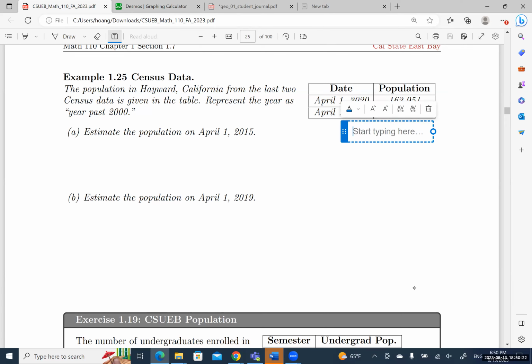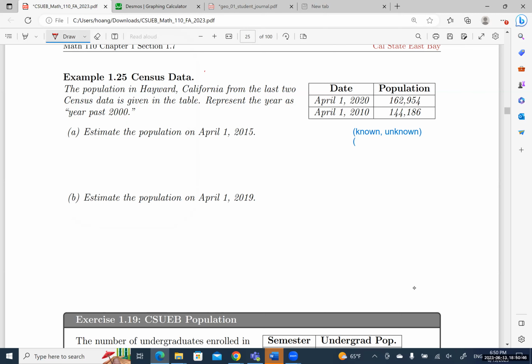So let me say known, unknown. And then what is the known in here?